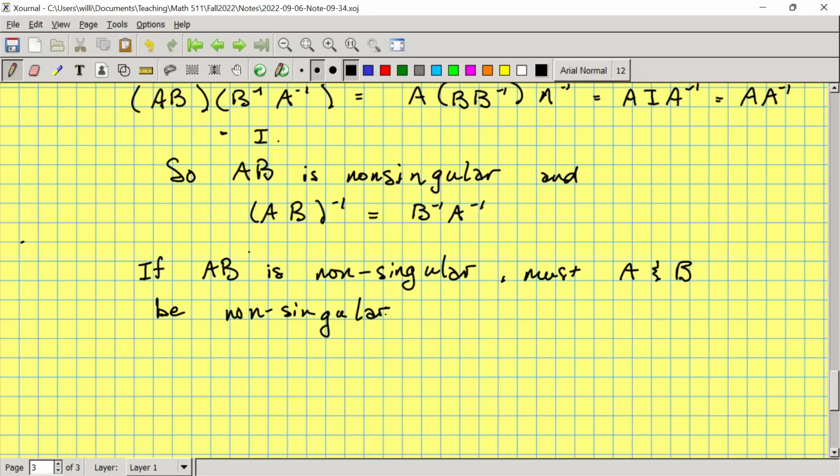I know, it's just crazy. If A times B and A are non-singular, B is non-singular, right? In other words, if the product of two square matrices is non-singular and one of them is also non-singular, you know the other one's non-singular too. And you do that using determinants. So we'll prove that in chapter 3.